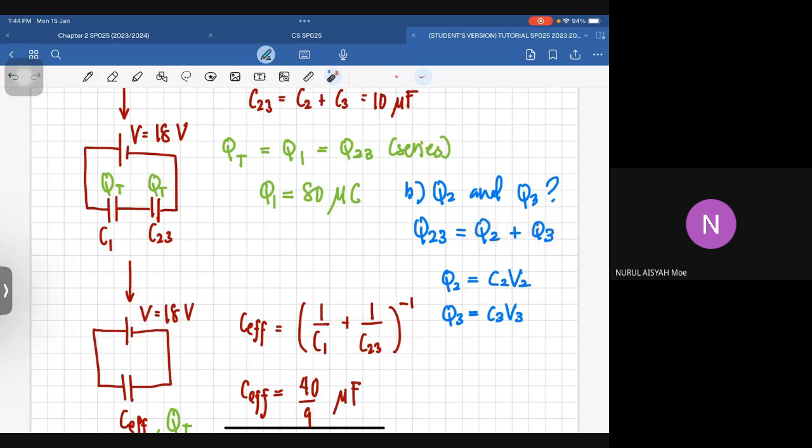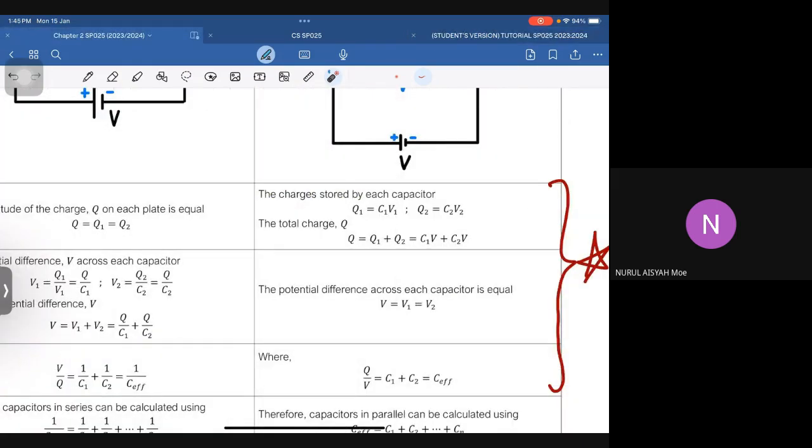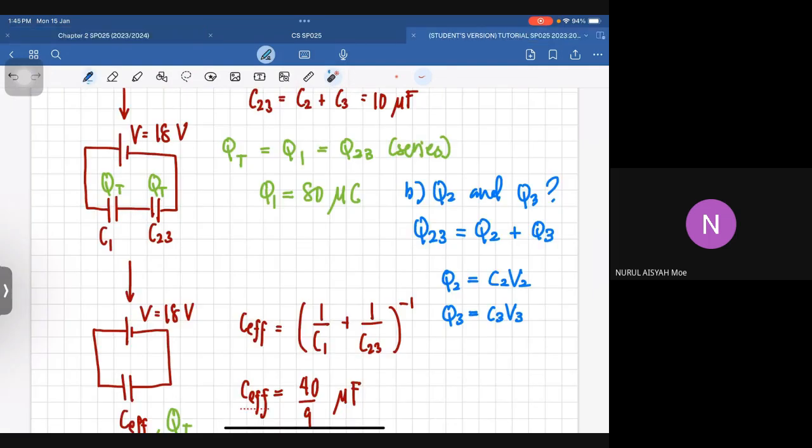So we have to find what else we can use to find Q. If we refer to this formula, we just need to find the value of V across each capacitor. If we look at a parallel circuit, the V should be equal. So if we get V23, we will get the voltage across capacitor 2 as well as voltage across capacitor 3.